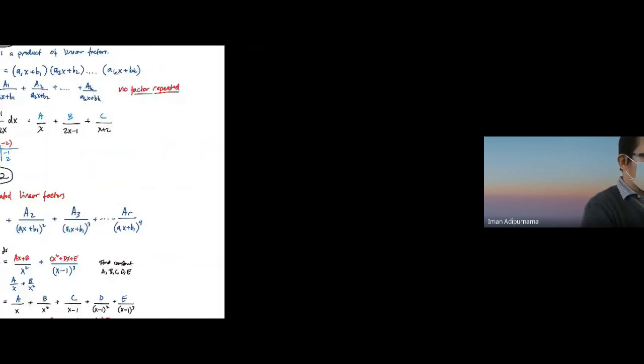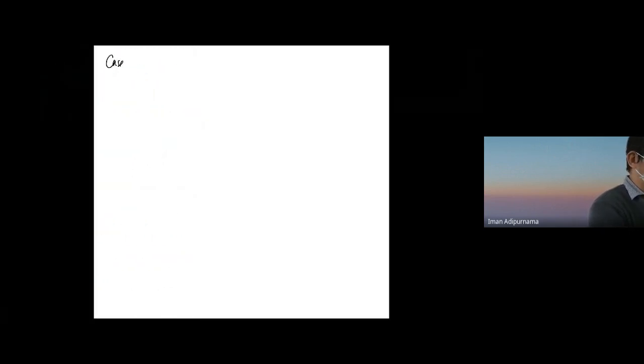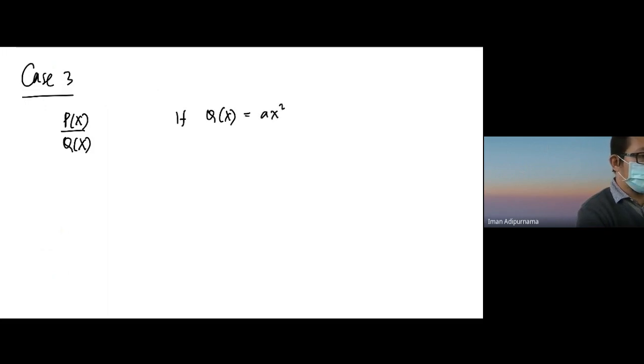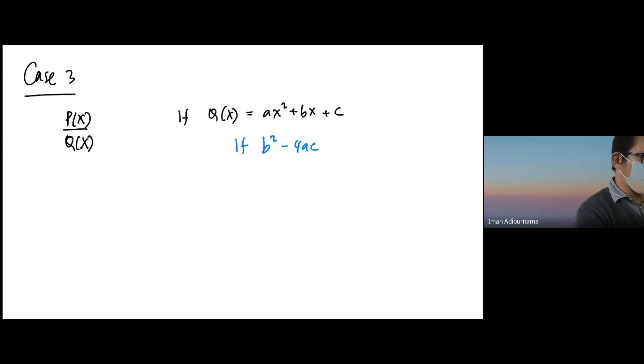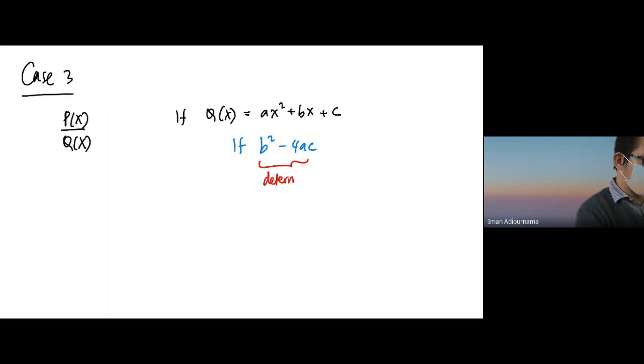Okay, now case three and four. Case three first. If we have p over q, if our q of x is let's say a quadratic, and if the value for this, we call the determinant, if you remember, is less than 0, means the roots are imaginary numbers.